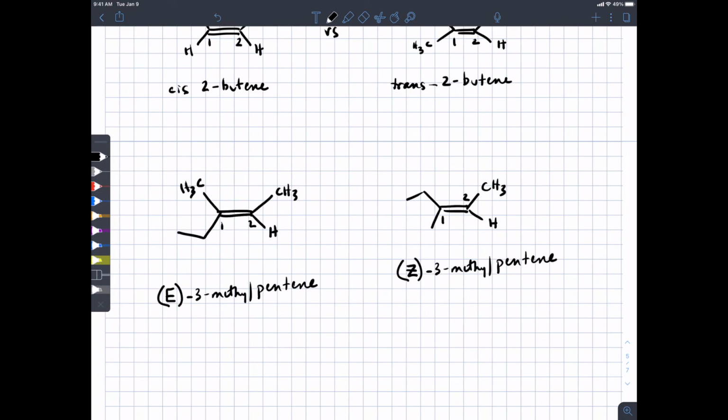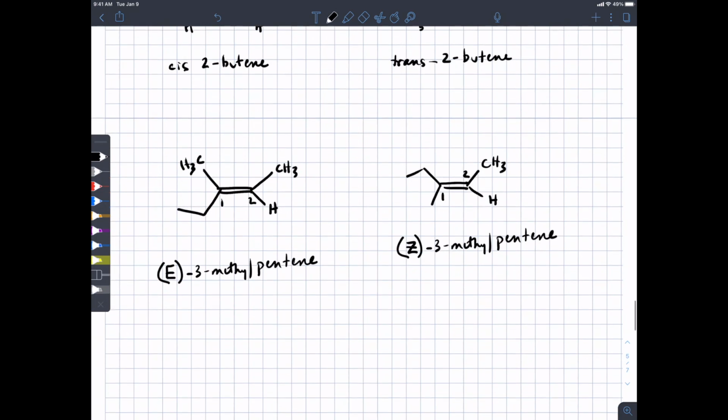So what I want you to do before next time is go learn the rules for choosing how we assign E versus Z. I will give you a hint. E is from the German Entgegen, I think, and Z is from the German zusammen or something like that, which relates to, I think, opposite or together. Anyway, learn the rules and we'll do some examples next time.